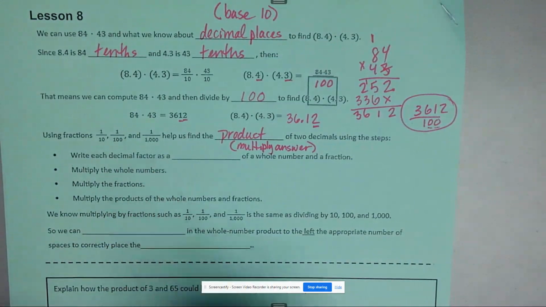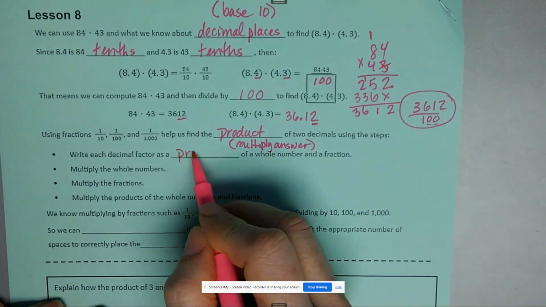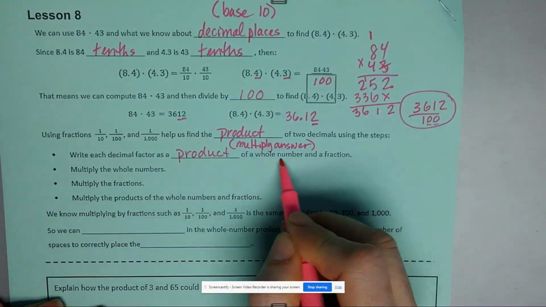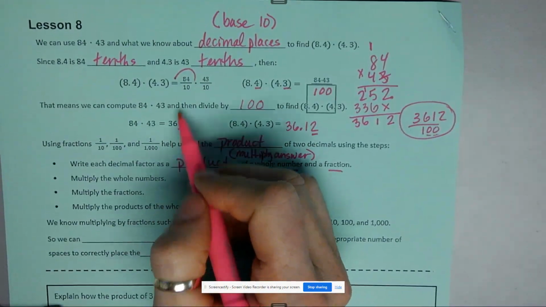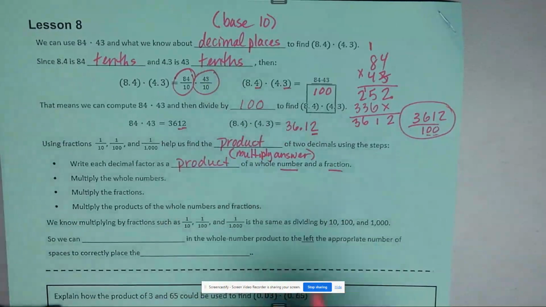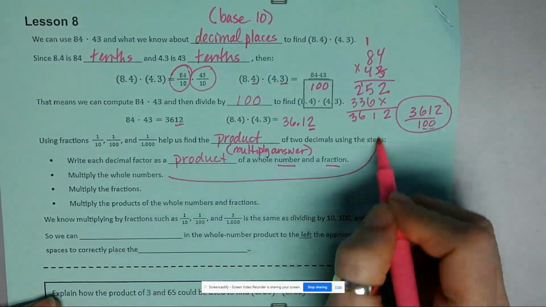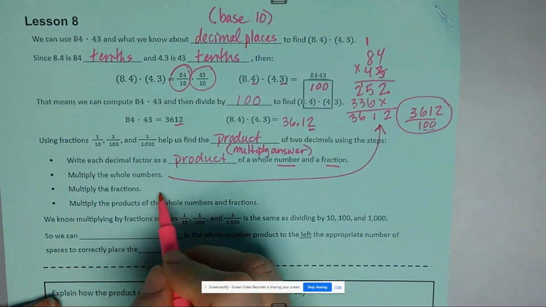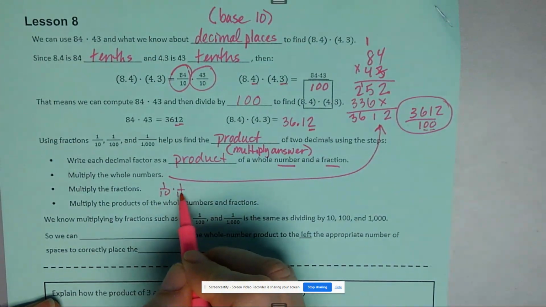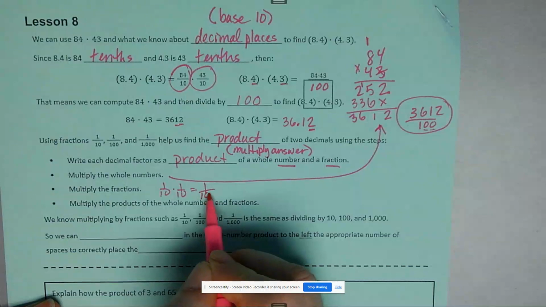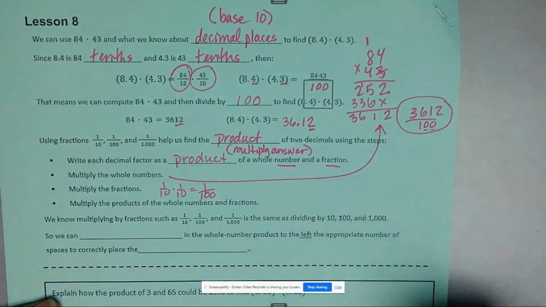First, we write each decimal factor as a fraction or as a product, multiplying a whole number and a fraction. For example, that would be this, whole number and a fraction. Multiply the whole numbers, which is what we did here. Multiply the fractions. That was our 1/10 times 1/10 equals 1/100. And then you figure out the whole thing. Put in your decimal place.